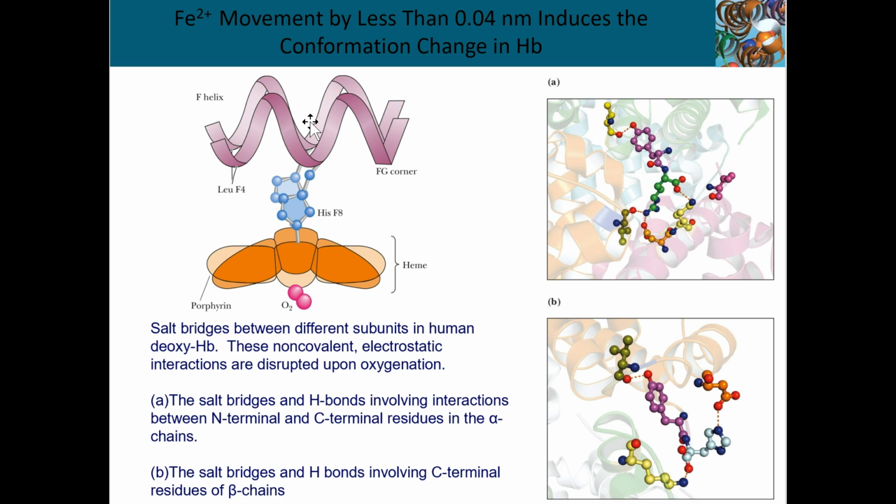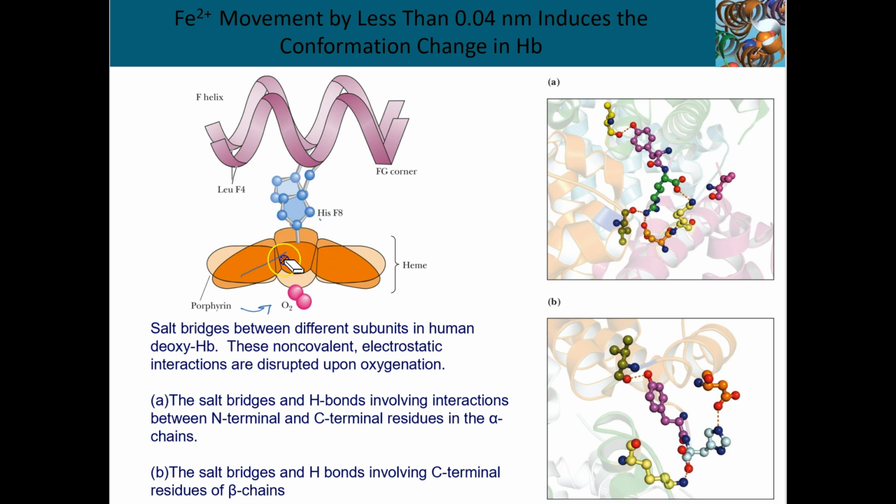So here's what we're looking at. If we look at the binding of oxygen down here, without oxygen bound, we have this bent, up out of plane state of the heme group because the iron is up out of plane and therefore pushing this histidine F8 up out of plane as well.